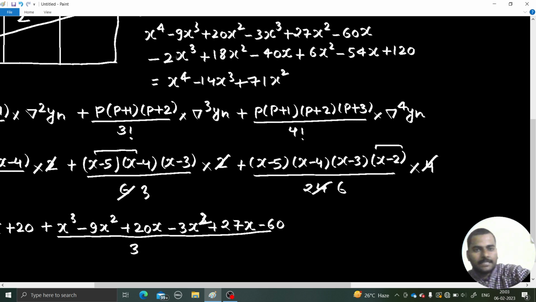As far as x is concerned, it would be minus 60 and minus 54. 120 minus 6, 140.